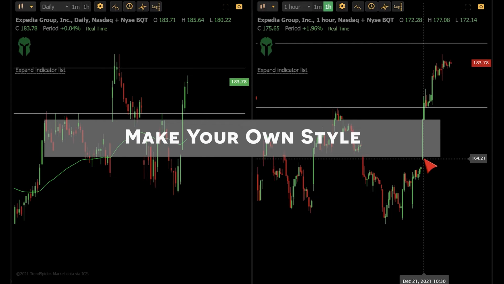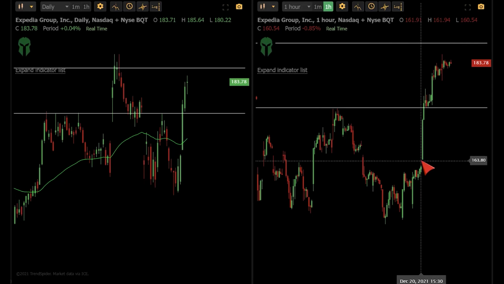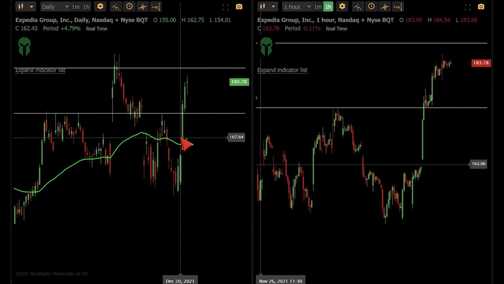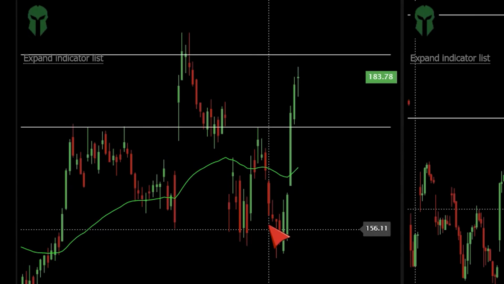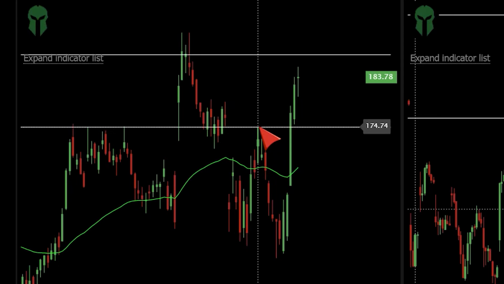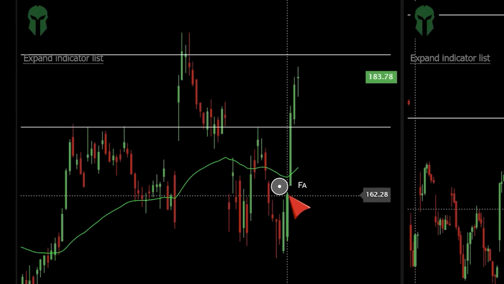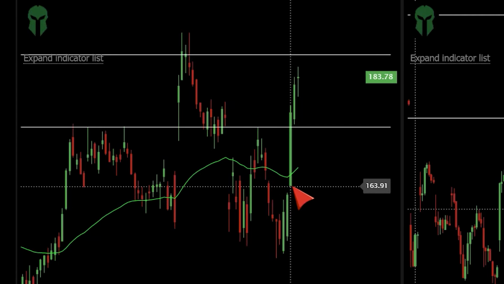And I'm going to give you an example of this, okay? So here you are on the 21st. Now, you can see clearly that we are above this. We have this reversal pattern down here. We could technically even talk about how this is a failed H pattern that we've gone over several times in previous videos.